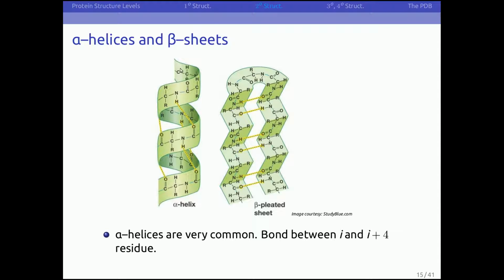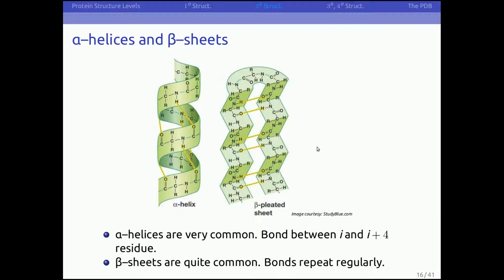Alpha helices are extremely common, and they're denoted by a bond between the ith and the i plus 4th residue. So the hydrogen bonding will happen between, let's say this is i, then if you follow this helix around, this will be the i plus 4th residue. And beta sheets are also quite common, and the bonds repeat regularly.